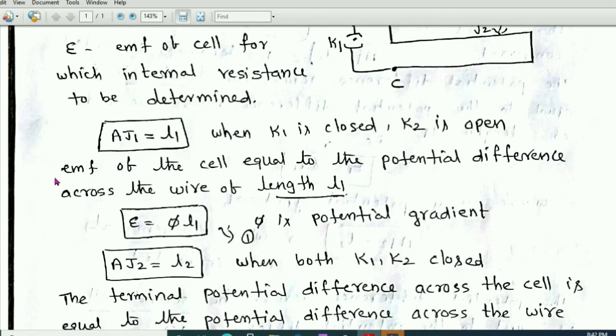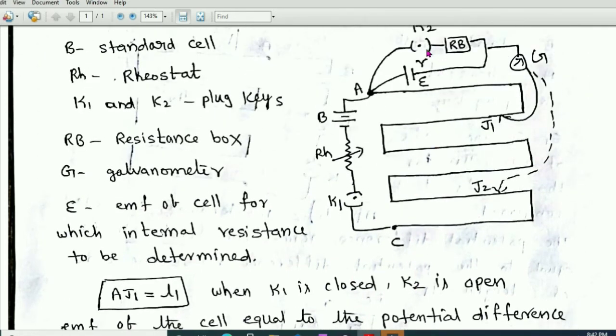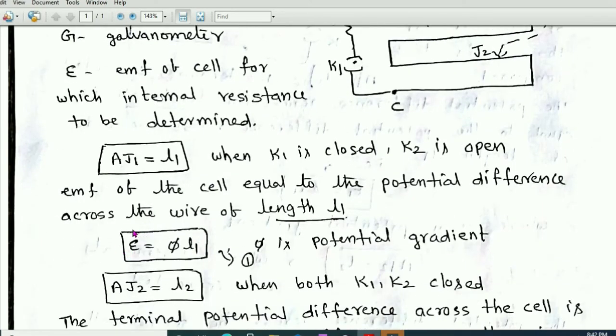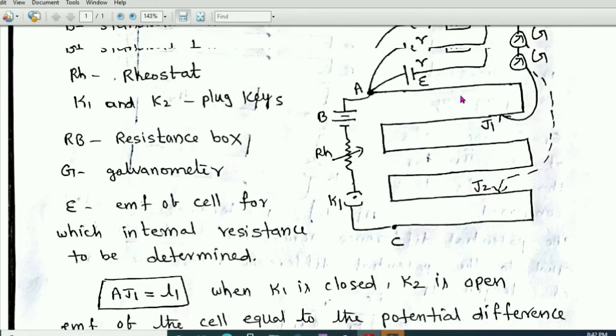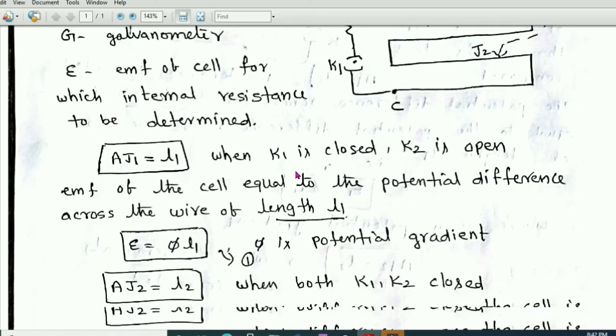We consider EMF here because K2 is open. That's why the EMF of the cell is equal to the potential difference across the wire of length L1, because for the length L1 we got the balancing condition, that is, the galvanometer shows null deflection.